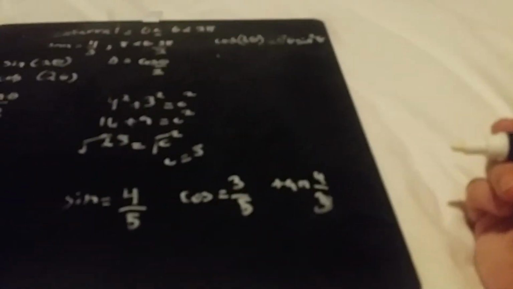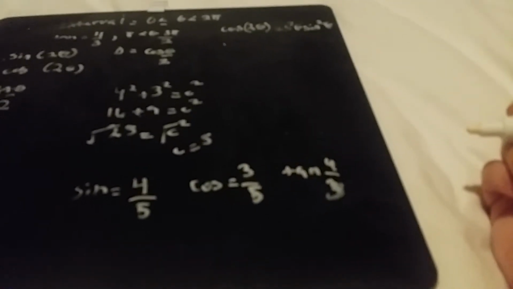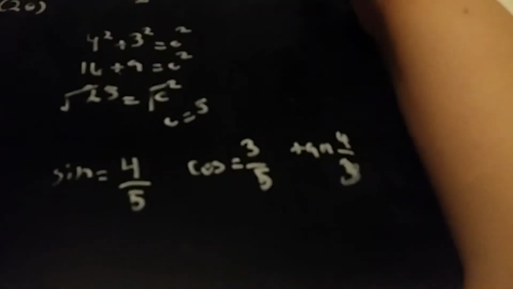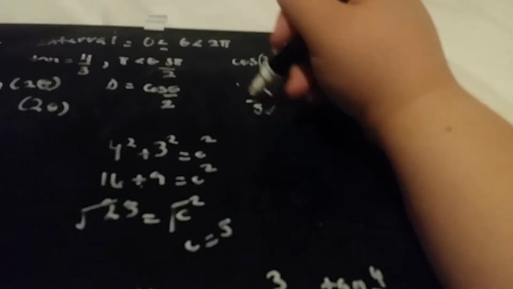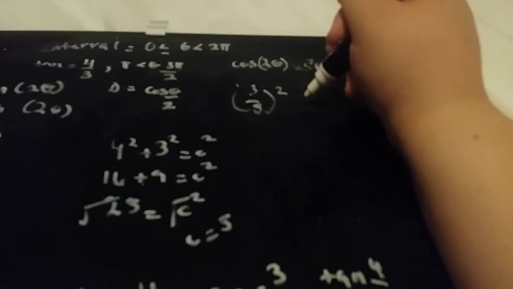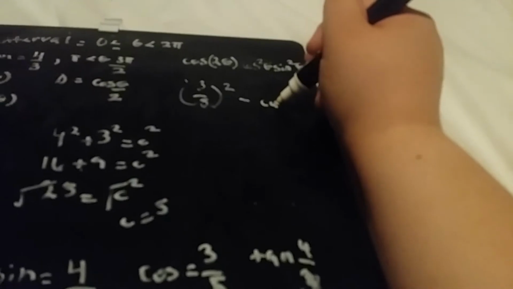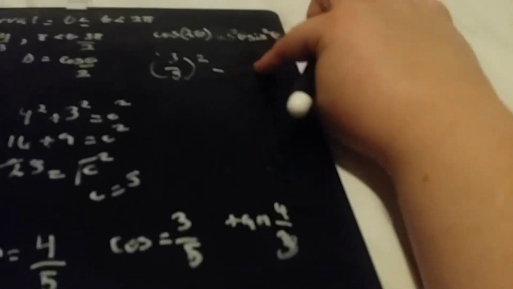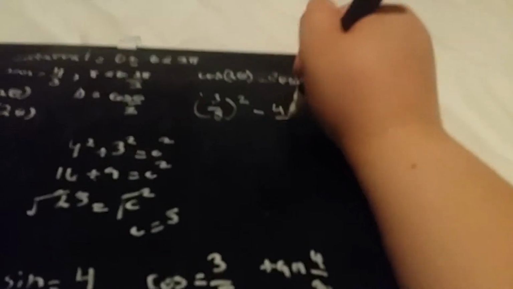We already know cosine is 3/5, and we already know that sine is 4/5. So 3/5 squared minus 4/5 squared, which is sine.